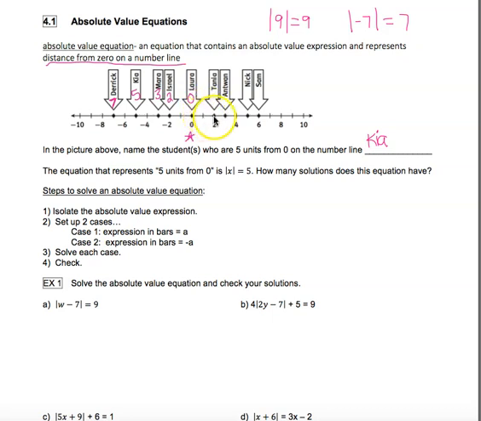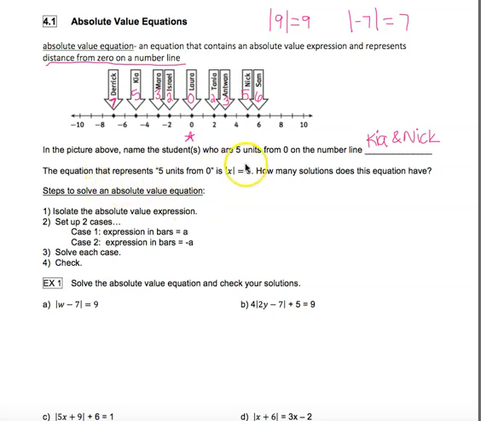Tanya is 1, 2 units away from 0. Antoine is 1, 2, 3 units from 0. Nick is 1, 2, 3, 4, 5 units from 0. So that means Kia and Nick are both 5 units. Sam, 1, 2, 3, 4, 5, 6 units away from 0. So both Kia and Nick are 5 units from 0 on the number line.